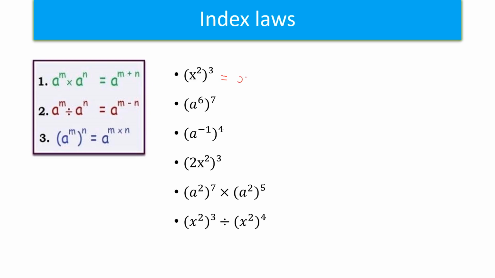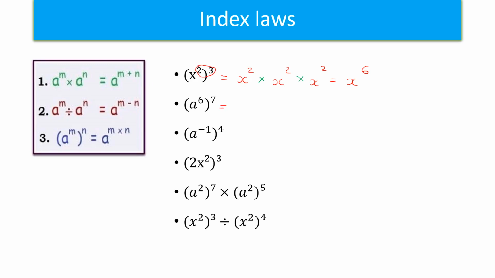So I've got x squared and I multiply it 3 times, so that's another x squared and then another x squared, because the power of 3 means that I need to multiply this term by itself 3 times. We already know that when I have multiplication, I can simply add powers. So 2 plus 2 plus 2 is x to the power of 6. And I can get 6 by simply multiplying those two powers. So 2 times 3 is 6.